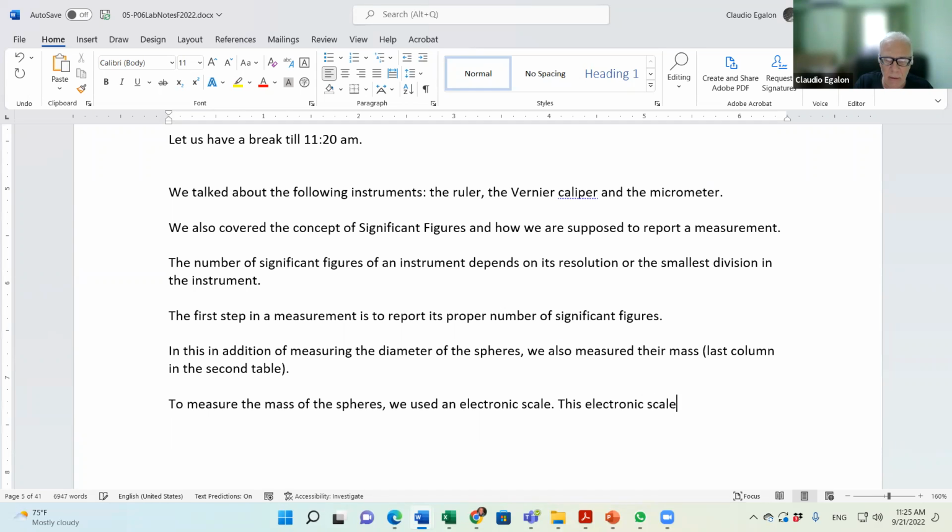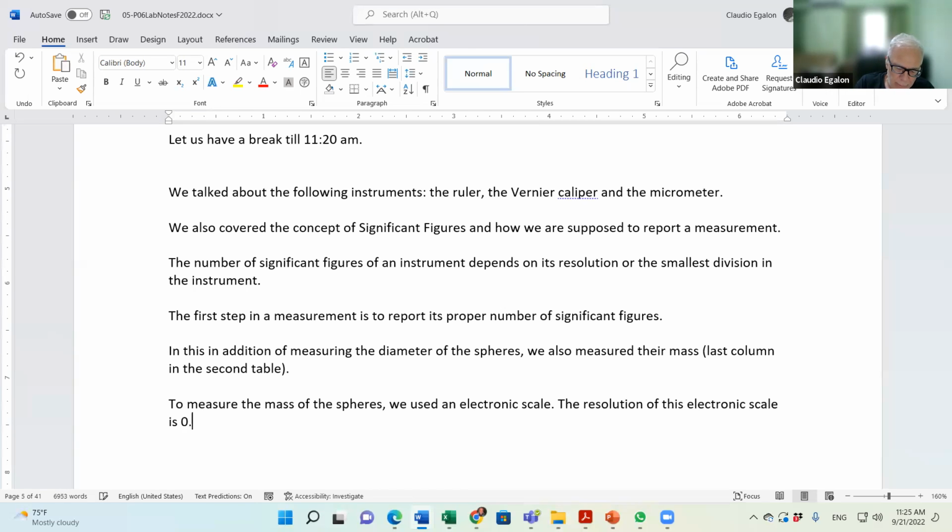If you are doing that in the lab, you could see directly in the measurement of the scale what would be its resolution. But here, because we're doing these make-believe experiments, I have to tell you the resolution of this electronic scale.